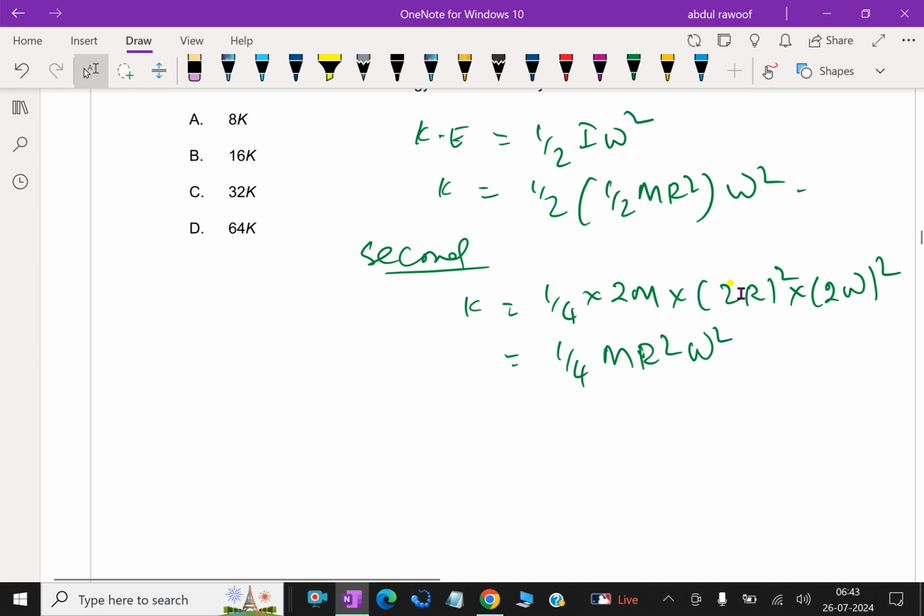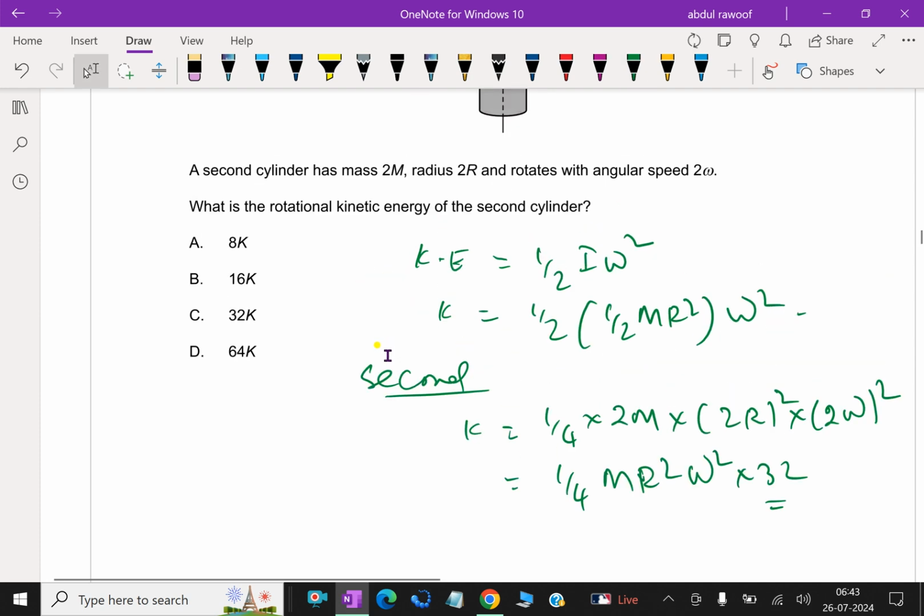Here 2, here 2 squared is 4, here 2 squared is 4, 4 4 are 16. 16 into 2 is 32. Therefore, this is 32K, because 32 times more than the first cylinder. So option C.